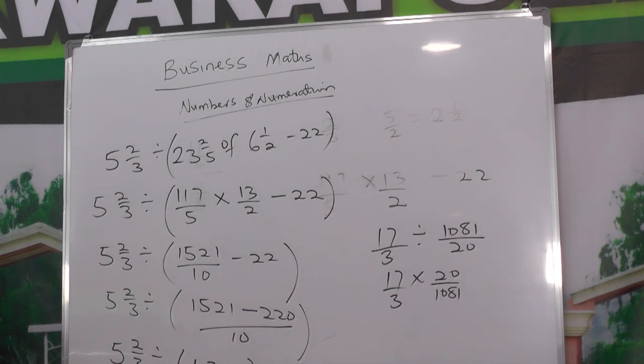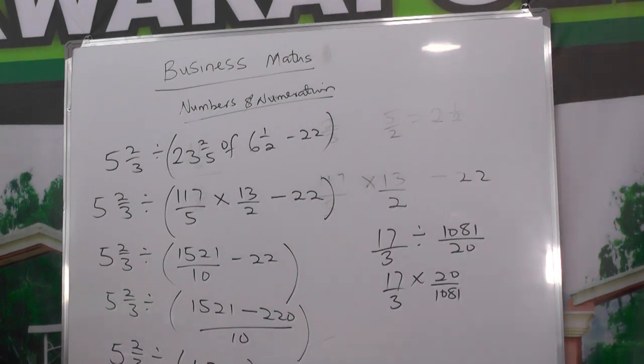I can convert that to improper fraction, which gives me 17 over 3 divided by 1301 over 10. And of course, my division becomes multiplication.